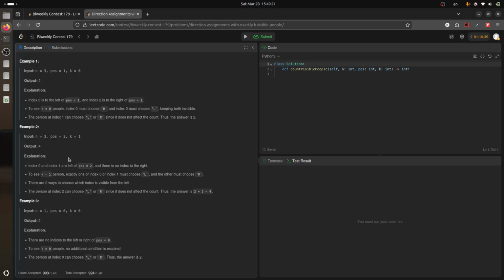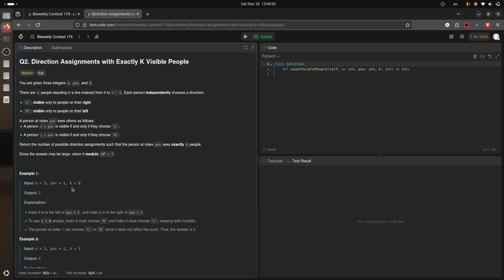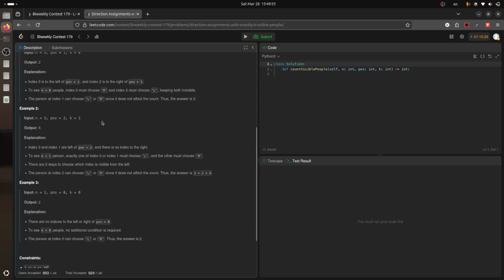Wait, what if there is like L, R, and then my person, right? To see 1 person, exactly one of those indices must choose L, the other must choose R. There are 2 ways to choose which index is visible from the left. Okay, so I think this is pretty easy.